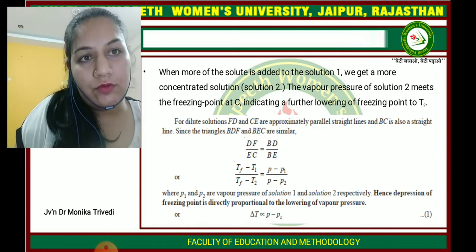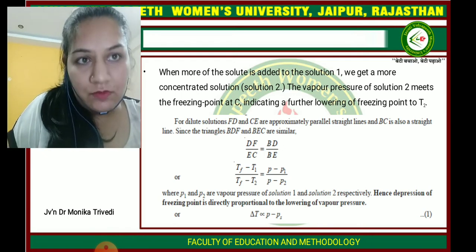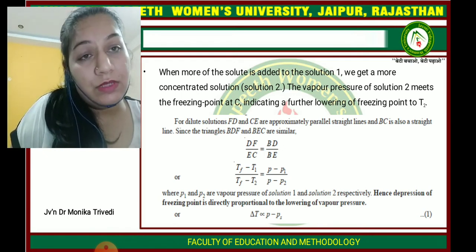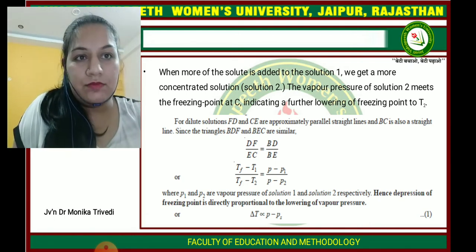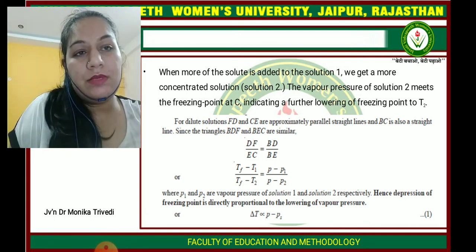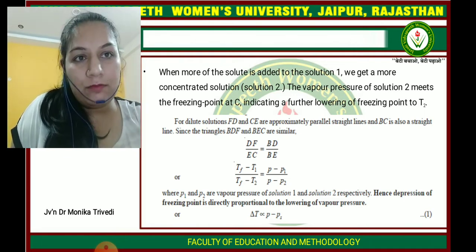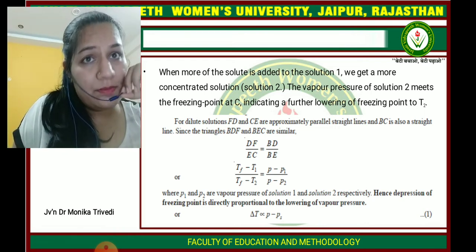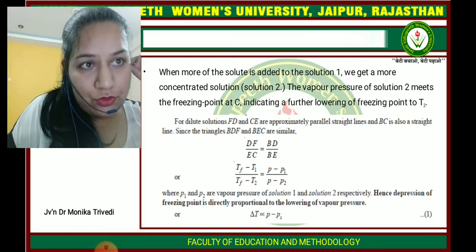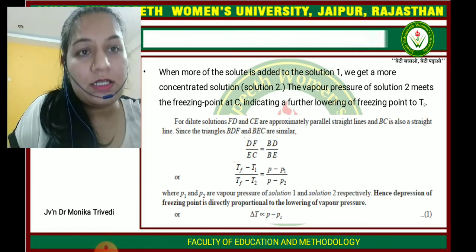As well, for BD and BE we can put the values of pressure, P minus P1 and P minus P2. P minus P1 and P minus P2 are the lowering of vapor pressure, and Tf minus T1 and Tf minus T2 are the depression in freezing point.